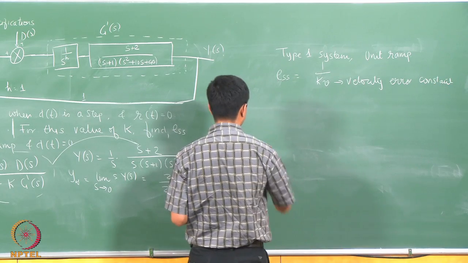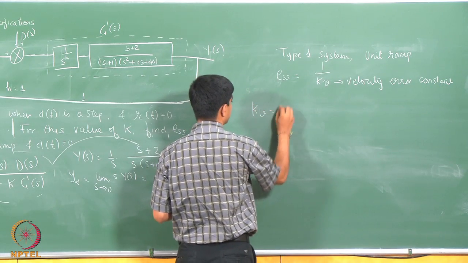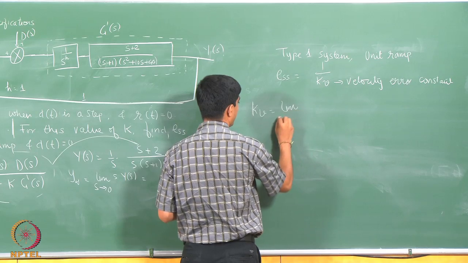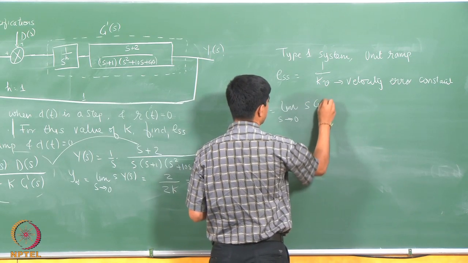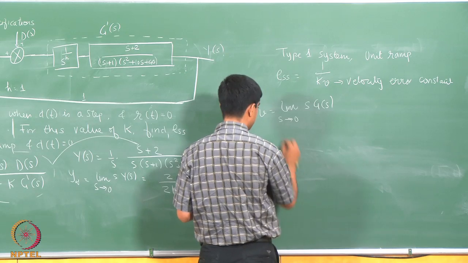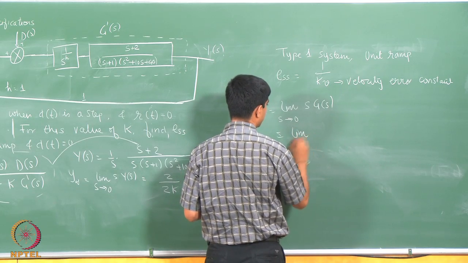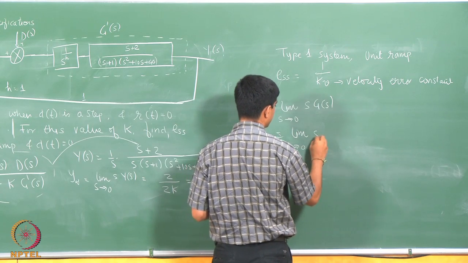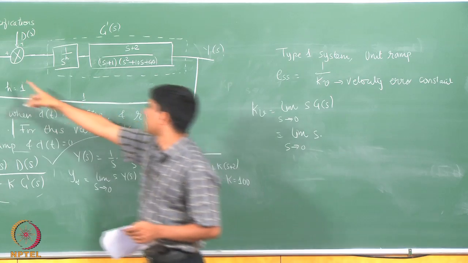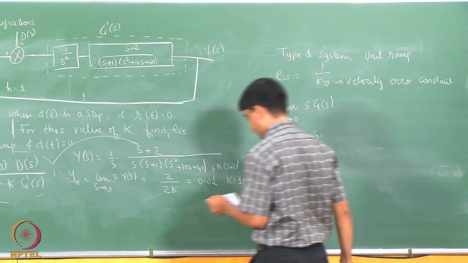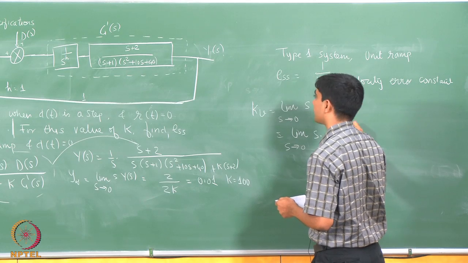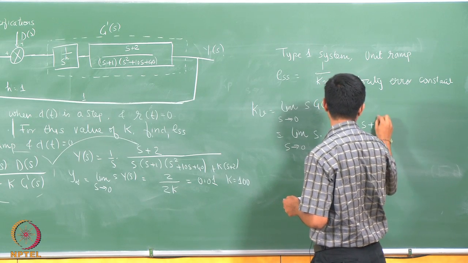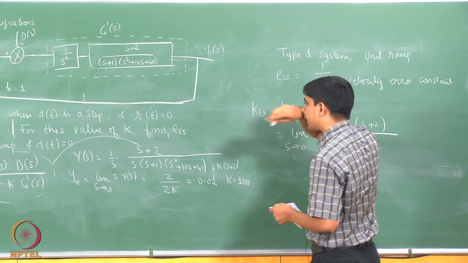And what was kV? kV was limit s going to 0 of s times G(s), okay, I can do all the math, limit s going to 0 of s times, so I will take this entire G now. This would be s times k is 100, the numerator I have (s plus 2), denominator h equal to 1.